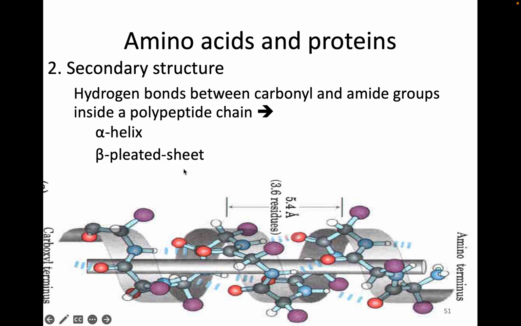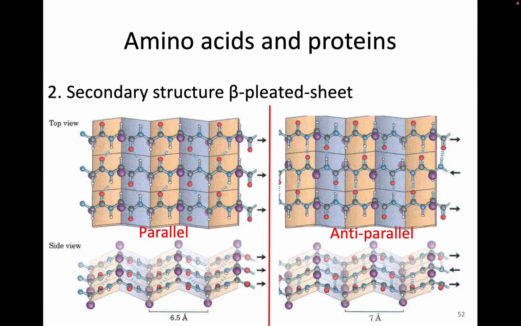Helical structure and the pleated conformation at certain parts of the protein chains are the features of secondary structure, respectively. Beta sheet can be either small sheets or large sheets, which is derived from parallel or antiparallel alignment of the chain.